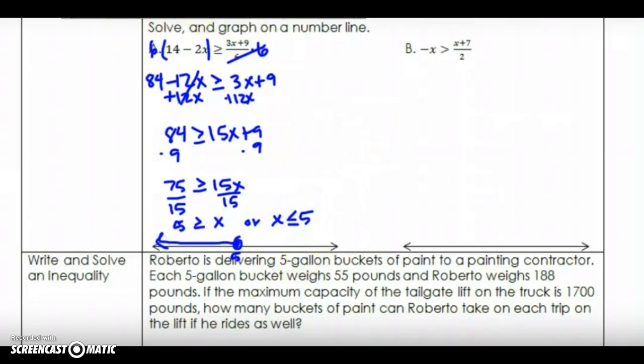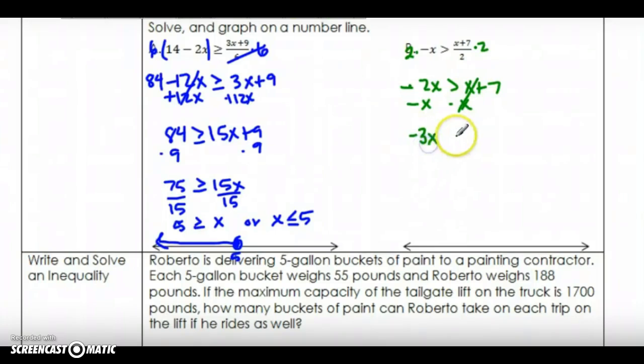Try that next one on your own. Multiply both sides by 2 first, and then go from there. Negative 2x is greater than x plus 7, and then I'm going to do the negative x here, so that way I don't leave myself with 0, because then that sometimes can confuse.